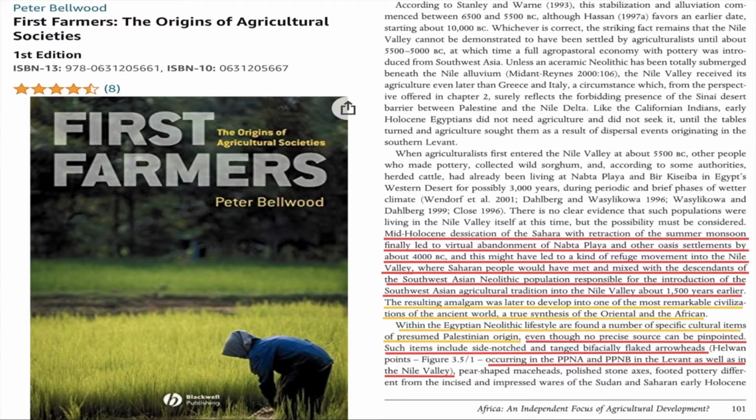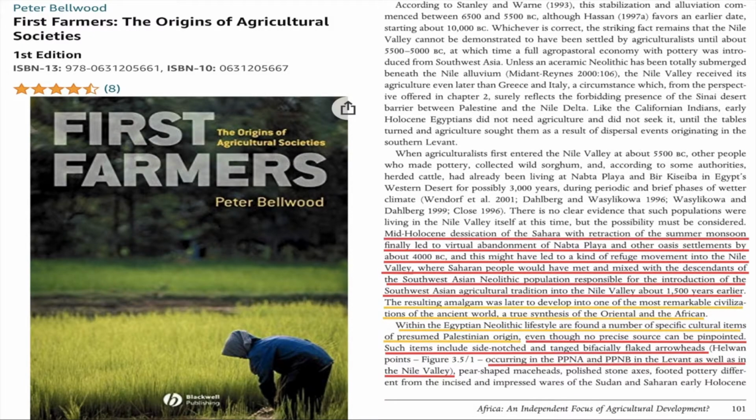In the mid-Holocene, desertification of the Sahara with retraction of the summer monsoon finally led to virtual abandonment of the Nabta Playa and other oasis settlements by around 4000 BC.